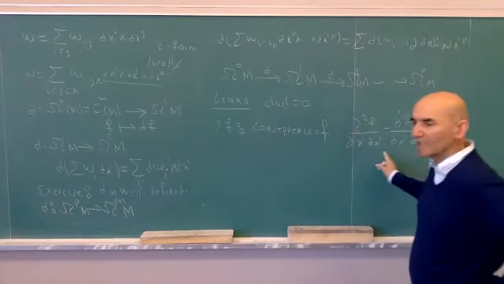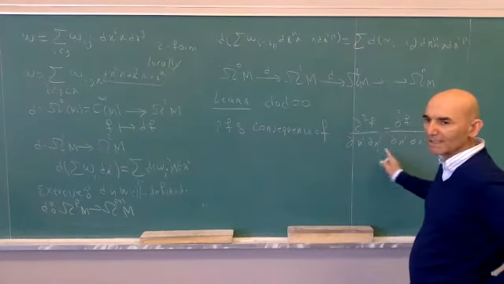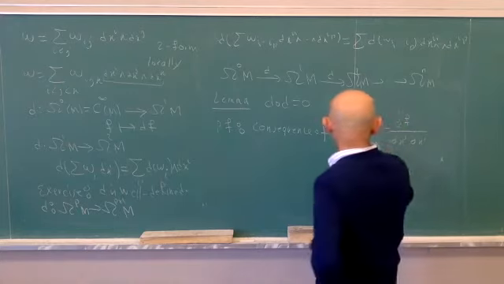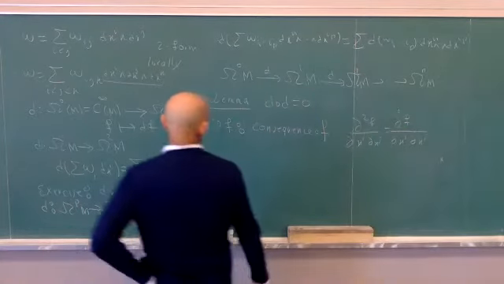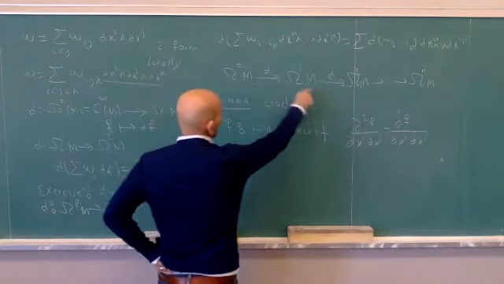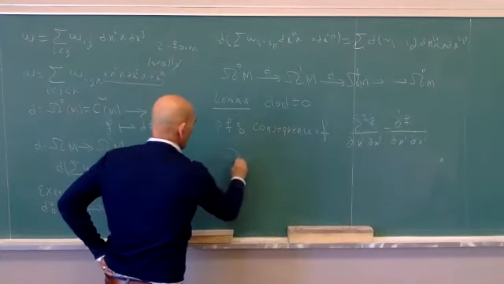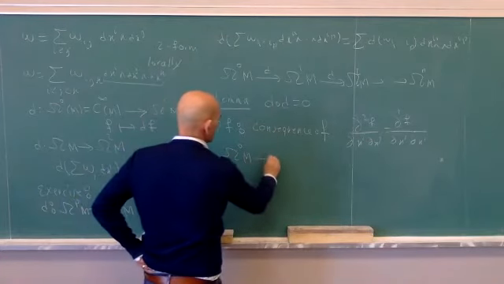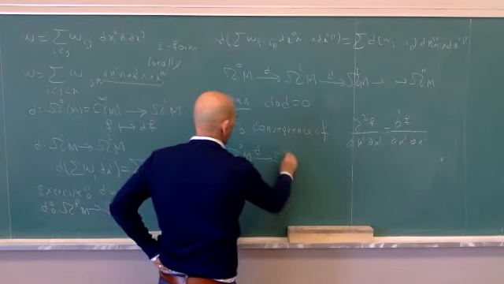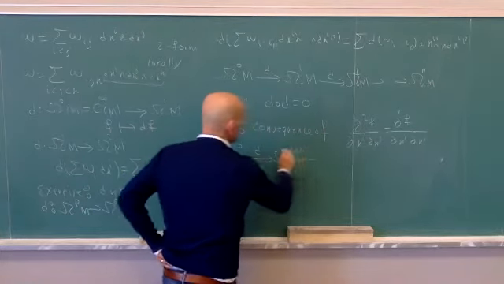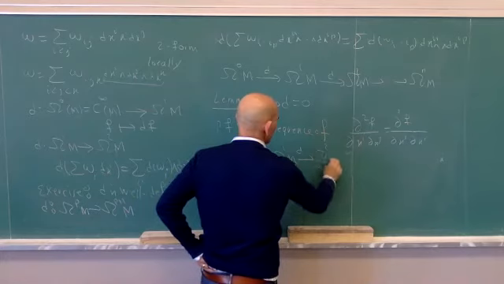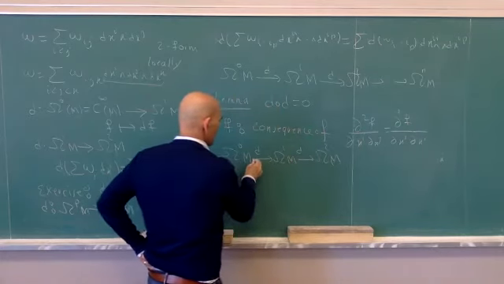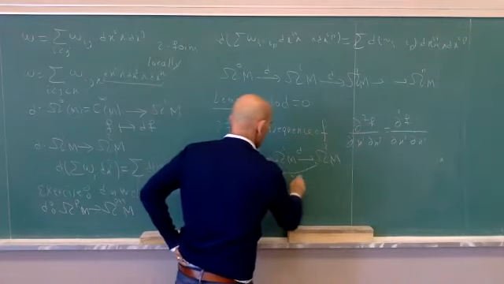It's amazing how many times we already use this. It's a very nice thing to know. So let me just check it on this level: omega 0, d omega 1, and d omega 2. Let's check that this is equal to 0.